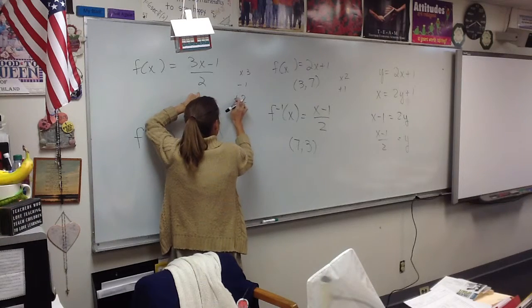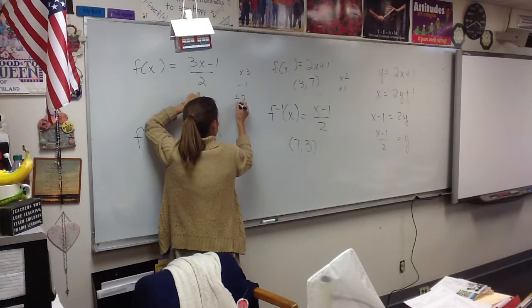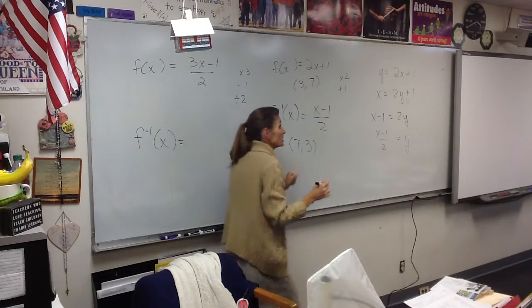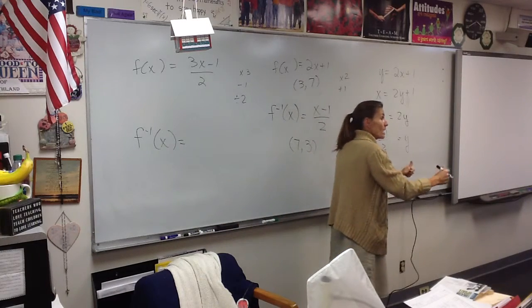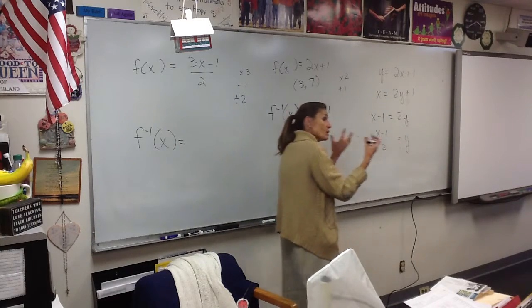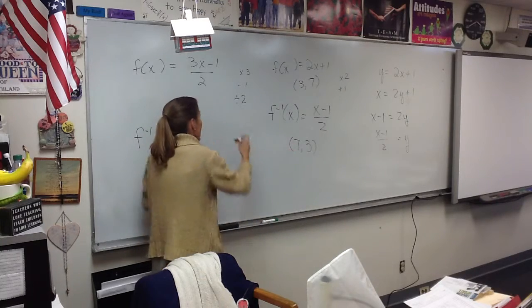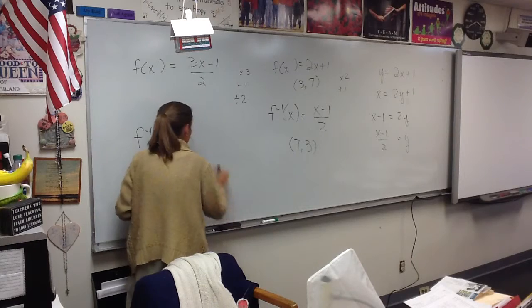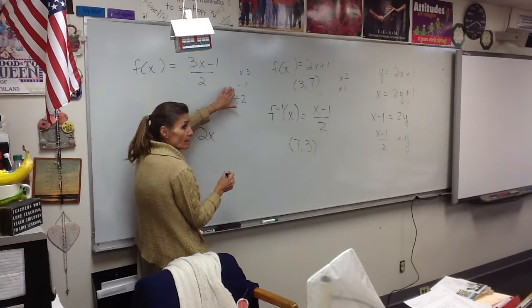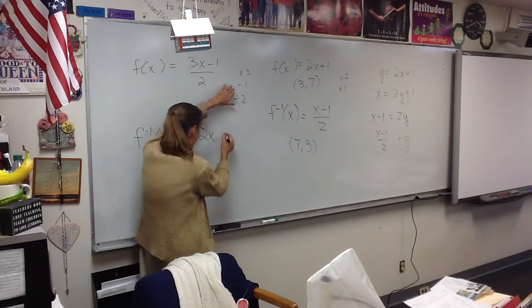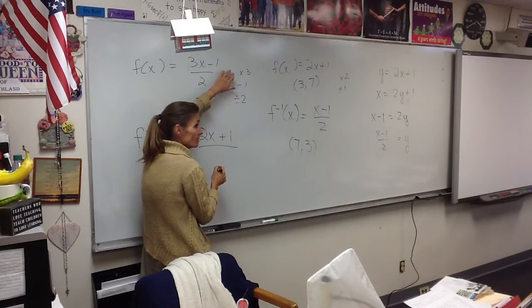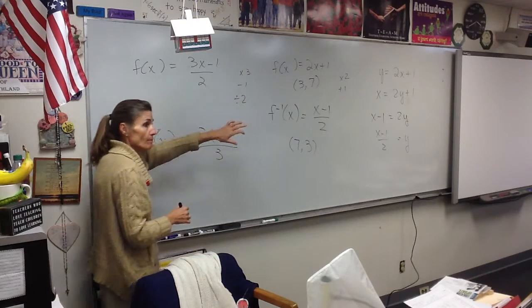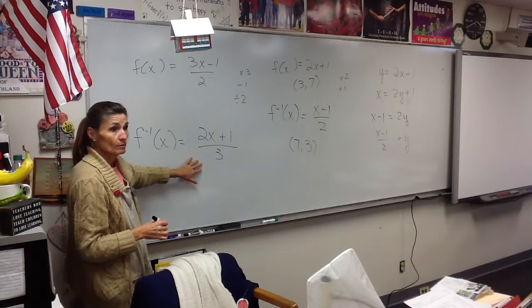So think about it as a machine. Times by 3, subtract 1, divide by 2. Now put it in reverse. What's it going to do to undo that? It's going to multiply by 2 first. And then what? Add 1. And then what? Divide by 3. That's the answer.